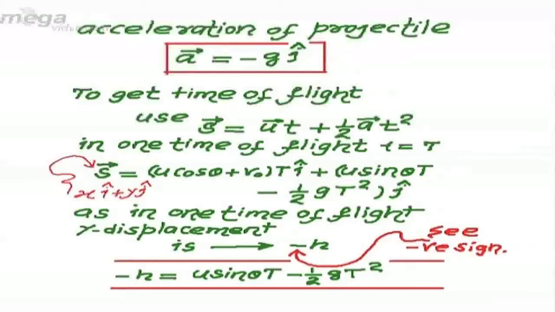So the equation can be reformed as g t square minus twice u sin theta into time of flight plus 2 times h equal to 0.